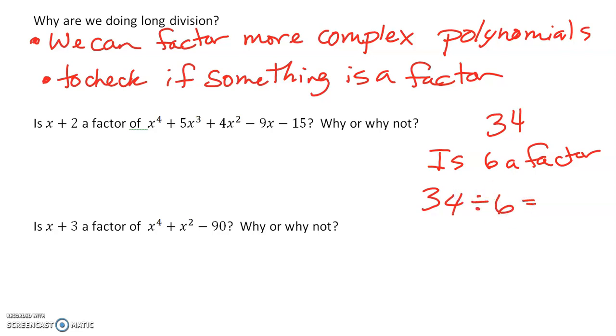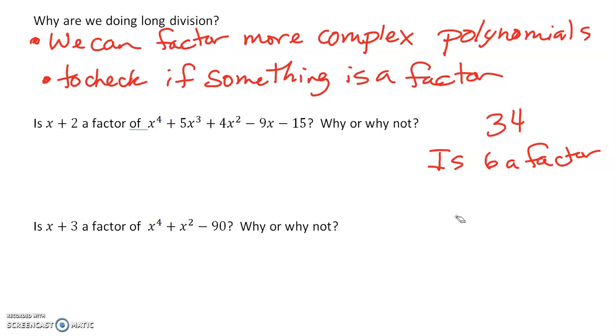Your calculator would give you 5.667, with the 6 repeating. You would see that it had a decimal number and you would say, oh no, 6 is not a factor. And the reason is when you divided it, it had a remainder. So if it has a remainder, it is not a factor.